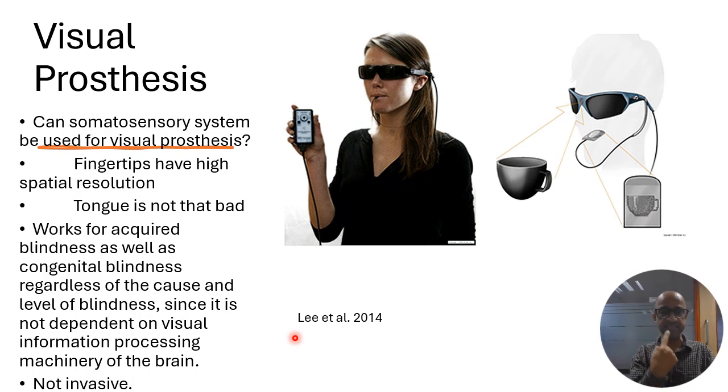Your tongue has a lot of somatosensory receptors, as well as taste receptors, right? So if you were to do electrical stimulation of multiple points on this, you can simulate shapes on your tongue, right? So shapes on your tongue can be used for displaying visual information onto your tongue.